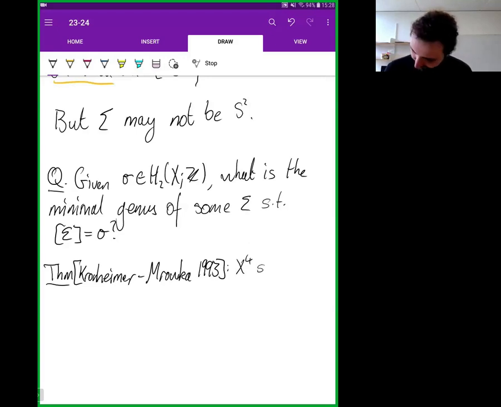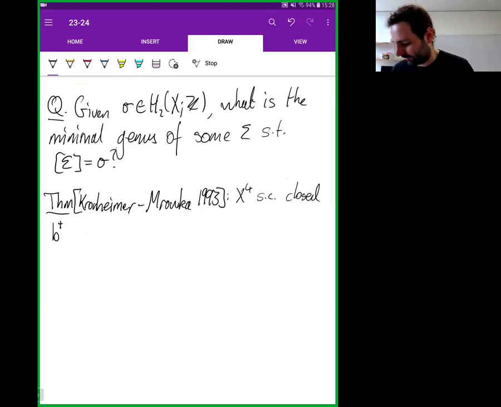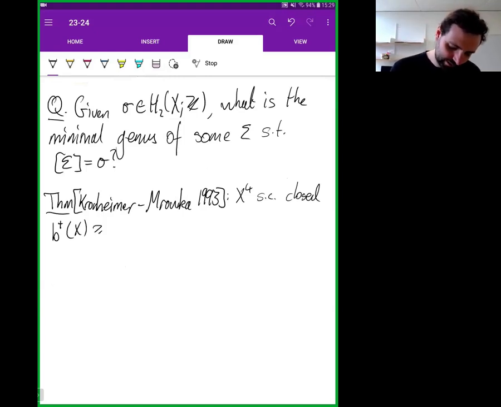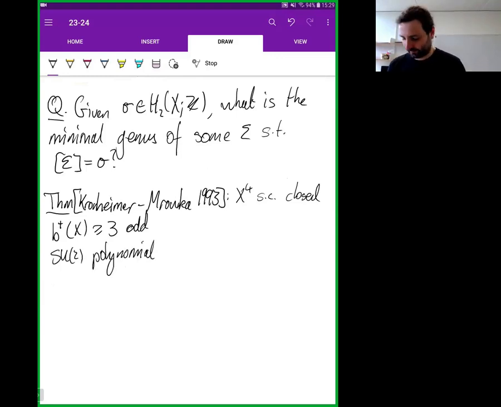So if you have X, a 4-manifold, simply connected and closed, I'll write down a few conditions and then I will explain what they mean once I'm done. So you have b plus of X is at least 3 and odd. The SU(2) polynomial invariants, so this is the precursor to Seiberg-Witten theory, I believe, are non-trivial.